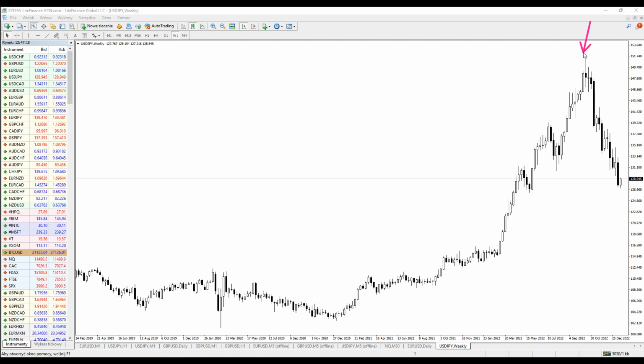Big wave to the upside, big rejection upper shadow, another big rejection upper shadow, right? Breaking the previous support and demand, upper shadow. Okay, let's move back a bit.